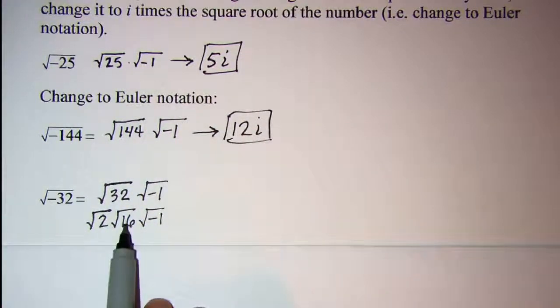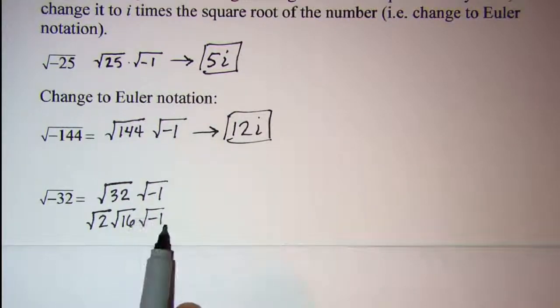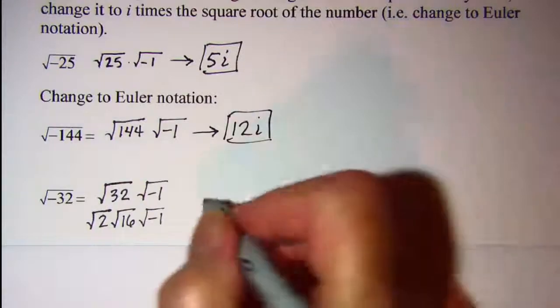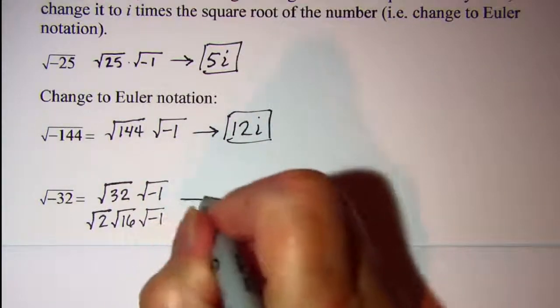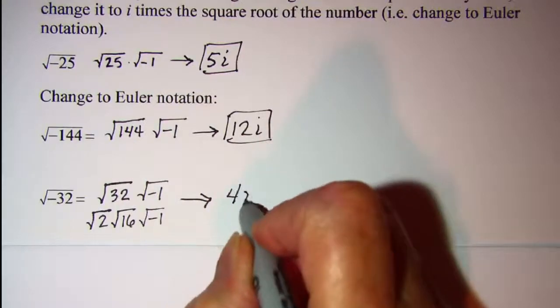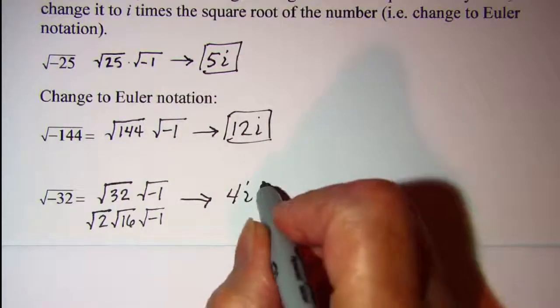So we know the square root of 16 is 4, and we know the square root of -1 is i, and we can't do anything to simplify the square root of 2, so this is going to be 4i root 2.